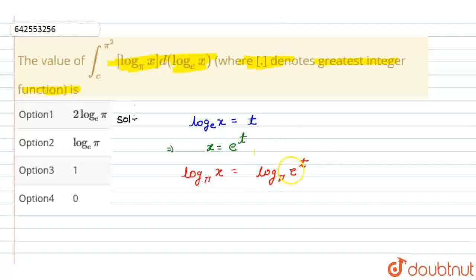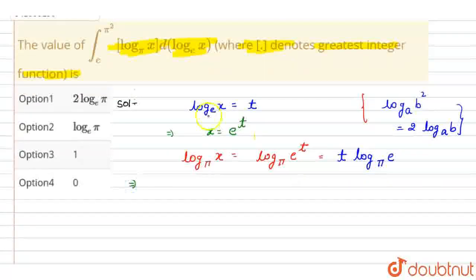Now we know that in log we have a property: if we have log base a of b to the power square, we can write this value as 2 log base a b. Using this identity we get t log base pi e.